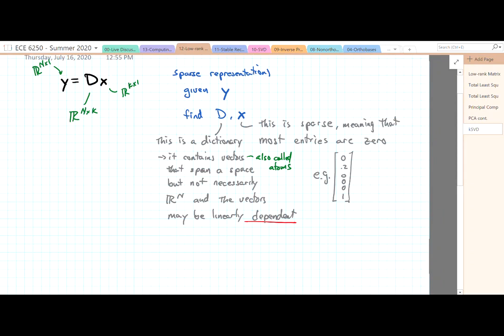For example, maybe our signal consisted of numbers, handwritten like that. This is two-dimensional, and we're talking about one-dimensional vectors, at least one by k or one by n.